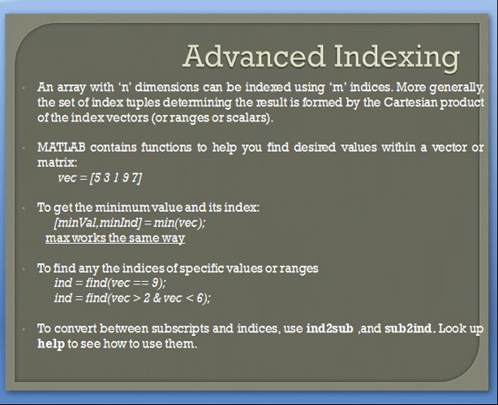MATLAB contains functions to help you find desired values within a vector or matrix. For example, you have a vector, say vec equal to 5, 3, 1, 9, 7 as its elements. If you want to get the minimum value and its index, then you simply type the command [min_val, min_idx] = min(vec) and you will get the output. Similarly, it works for the maximum value and its index also.